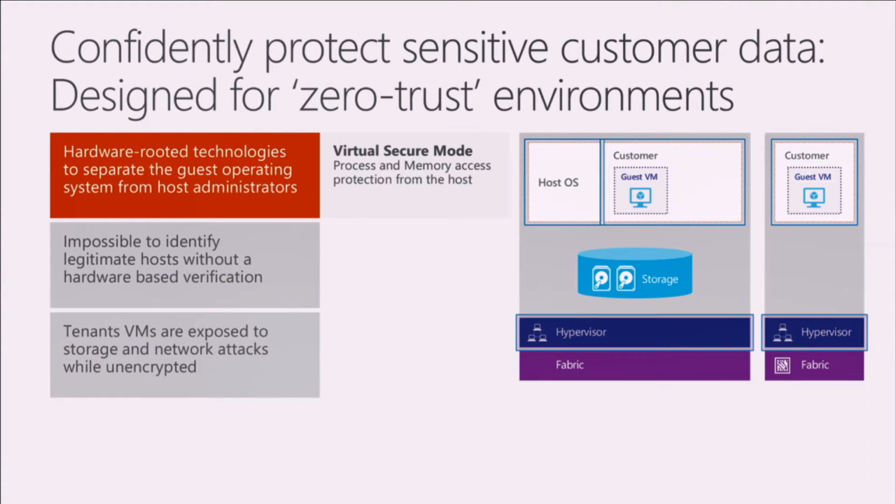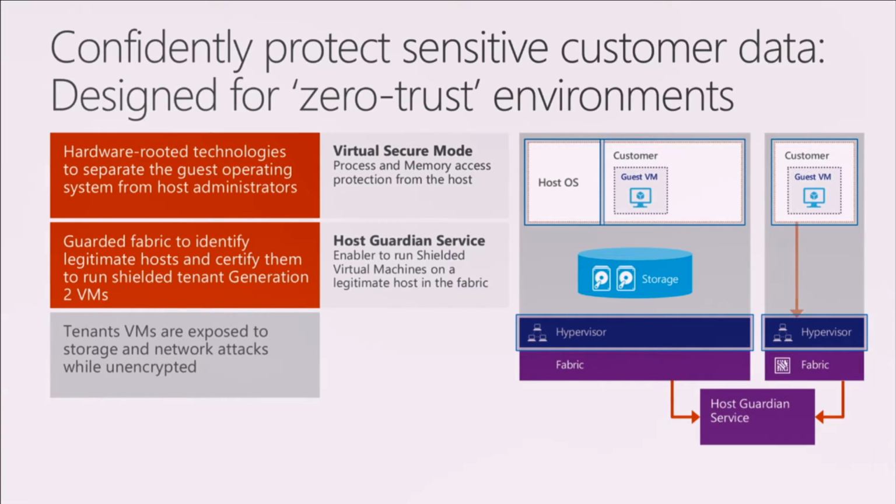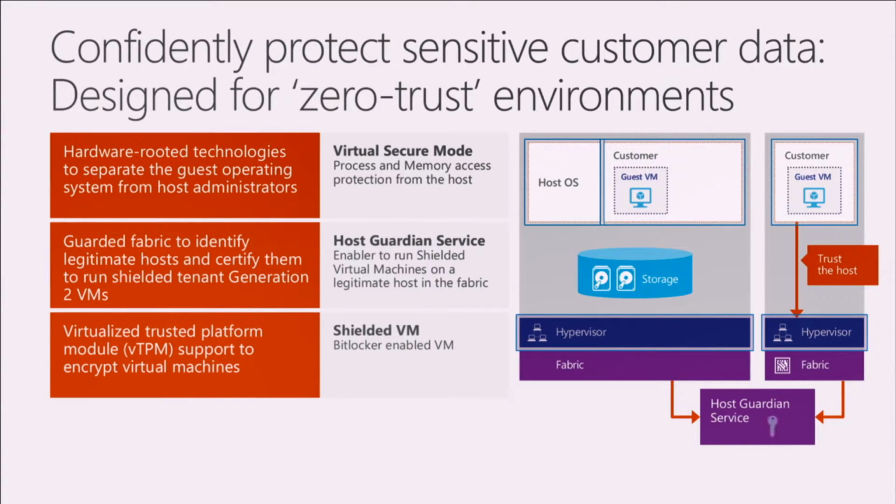So Server 2016 introduces new functionalities like the host guardian service, the virtual secure mode. I'm not going too deep into this topic, but we can secure the virtual machines using virtual TPM. So now we have the ability to have a virtual TPM chip assigned to the virtual machine, making it possible to encrypt the VHDX by default using BitLocker, or use the host guardian service to define a certain amount of hosts which I trust from a customer perspective.